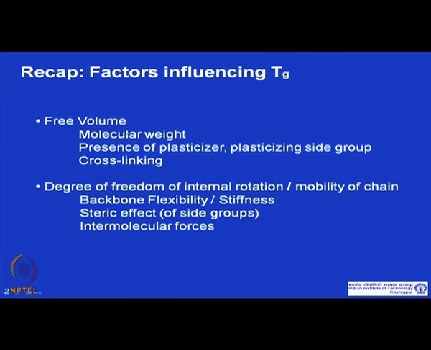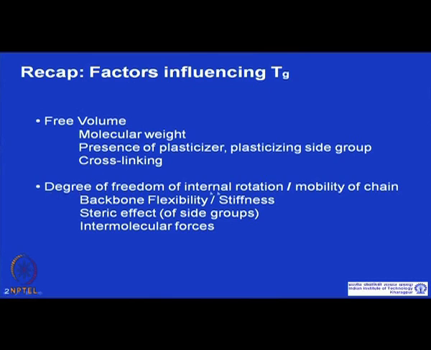Free volume is the volume in a polymer material which is not covered by the polymer molecules, and as we have seen, if we increase the free volume content in a polymeric sample, the polymer has more space to move around, so mobility goes up, and hence it affects the glass transition temperature, and we will also see that it affects the melting point.